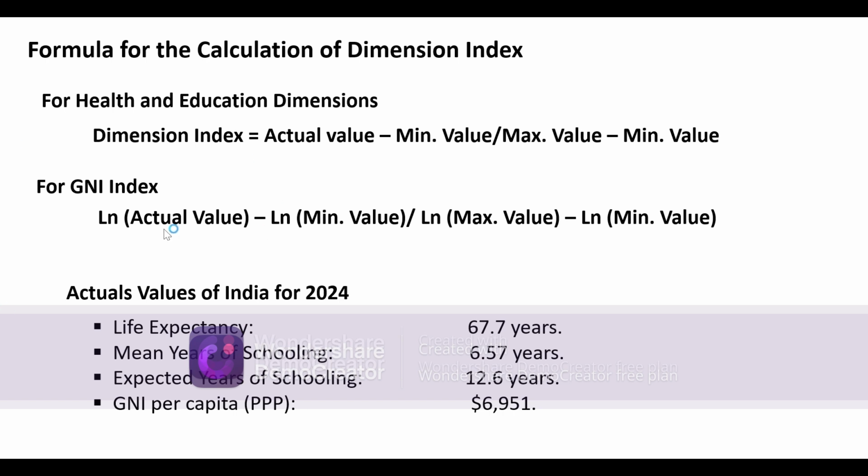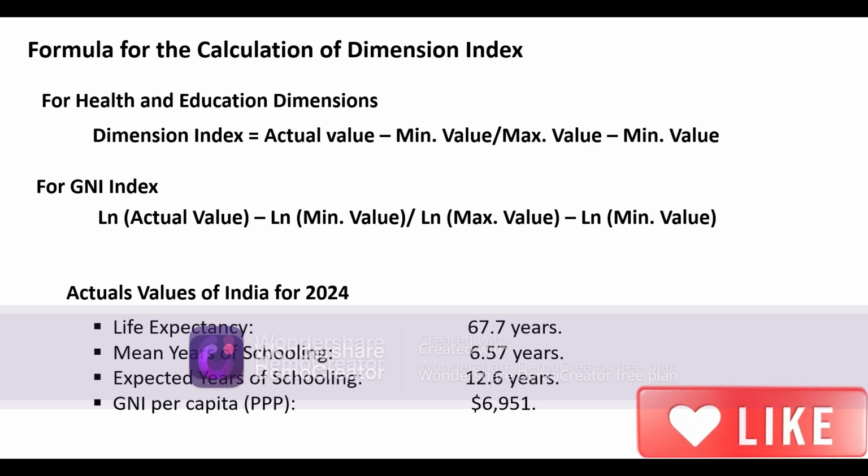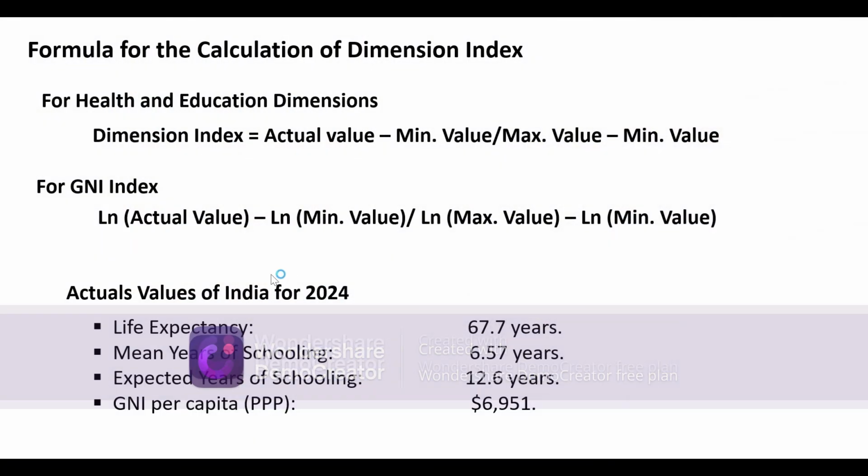For the GNI index we take the log of the actual value, the log of the minimum value and the log of the maximum value. Why do we take the log in the GNI index? This is because of the big difference between the minimum and the maximum value, where we have seen that the minimum value is 100 US dollars and the maximum is 75,000 US dollars. So we take the log.